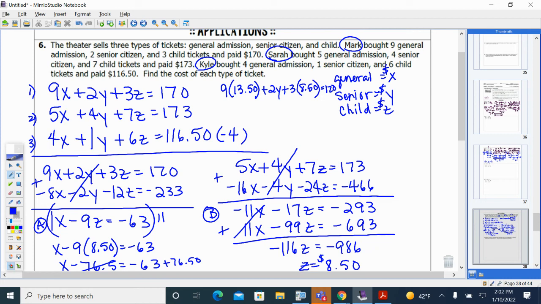So then solve. 9 times 13.50 is 121.50 plus 2y. 3 times 8.50 is 25.50. And then I'm going to combine the 25.50 and the 121.50 to get 147 equals 120.